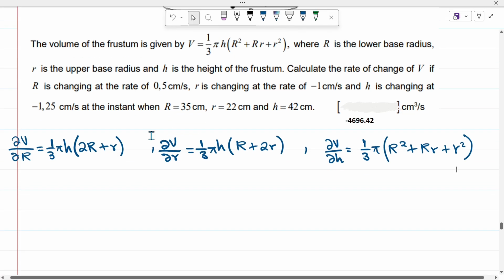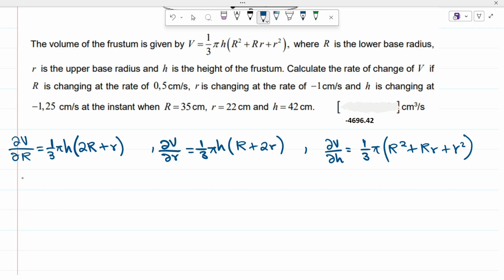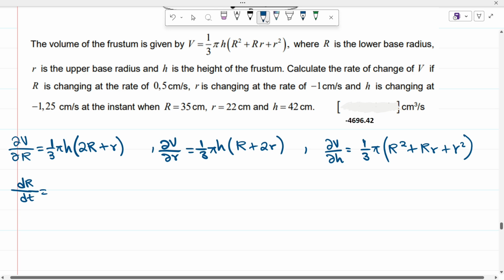From here, we were told that the rate at which caps R is changing, the rate at which R changes with respect to time, is 0.5.